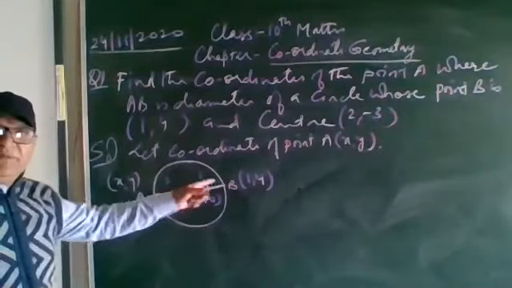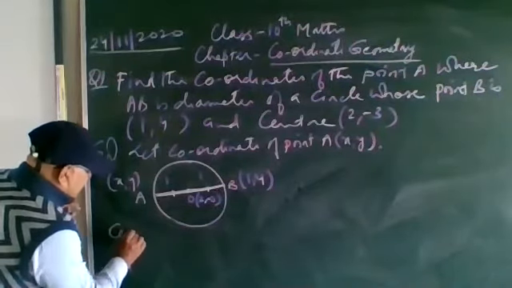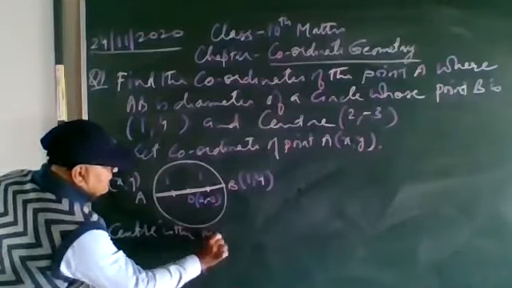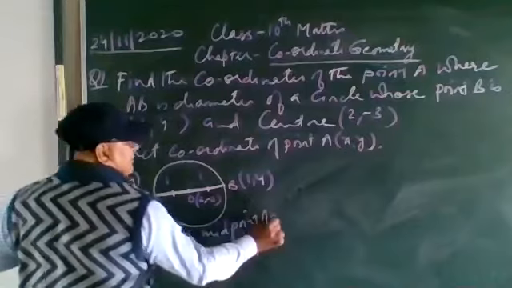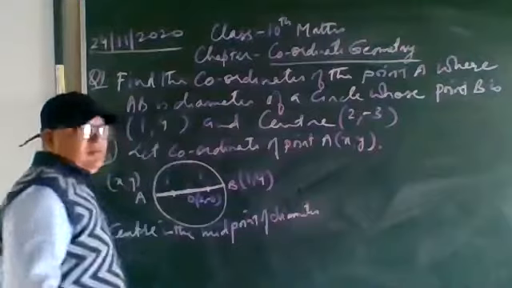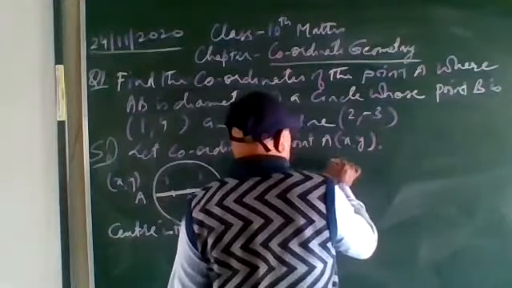So O is the midpoint of AB. The center is the midpoint of the diameter. So you can use the midpoint concept.